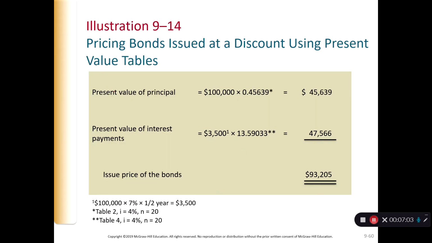And then if you use the calculation table, first of all you need to calculate the present value of the face value. You use the present value table of $1, and you find the factor at 4%, 20 periods. Why do I use 4%?